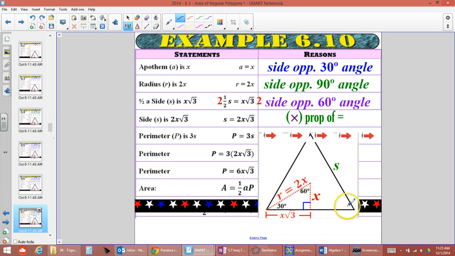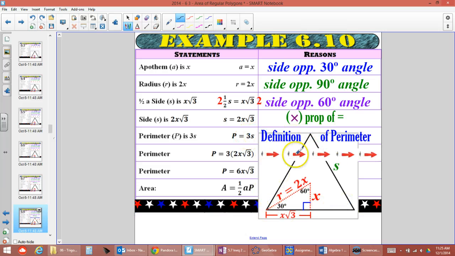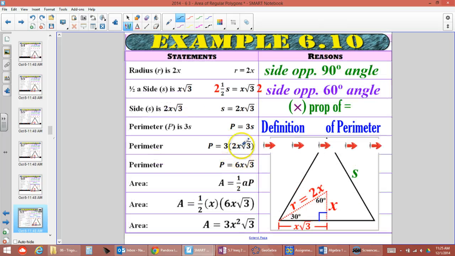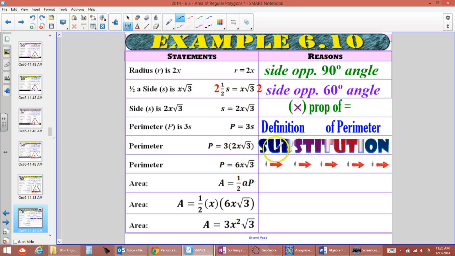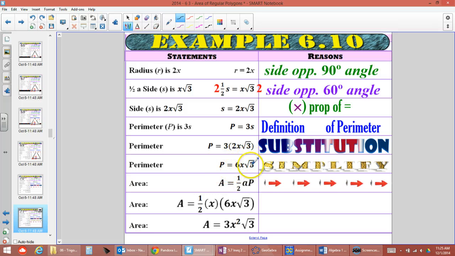Now we know the perimeter of this triangle is 3s. We just add up all the sides to get 3 sides. Now, if I take this s value and I substitute in my new information, I get 3 times 2x root 3. That's substitution. Now I can distribute or simplify it. Now I know my perimeter is really represented by 6x root 3.